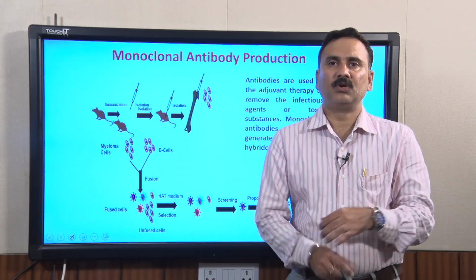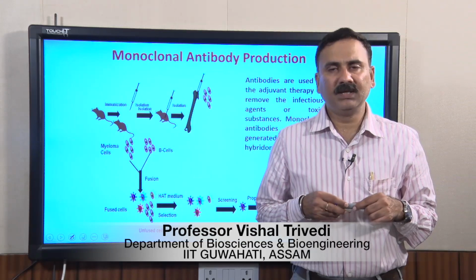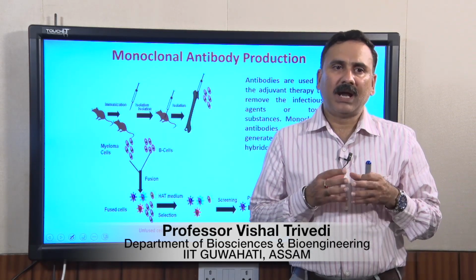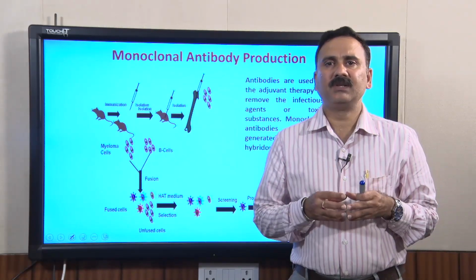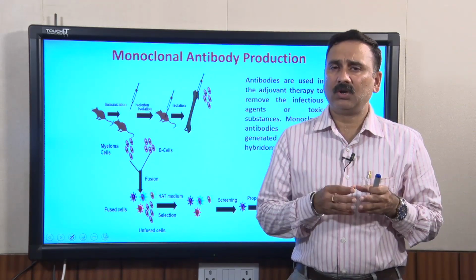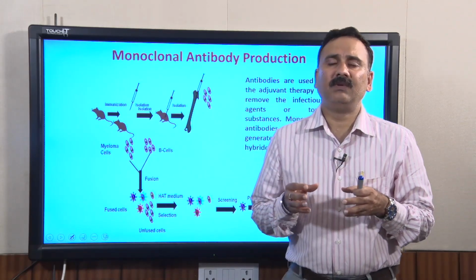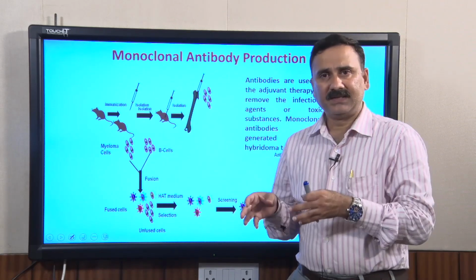Hello everybody, this is Dr. Vishal Trivedi from the Department of Biosciences and Bioengineering, IIT Guwahati. What we were discussing in this module is the applications of biotechnology for society. In the previous two lectures we discussed the role of biotechnology in agriculture, and then the role of biotechnology in the animal sciences.